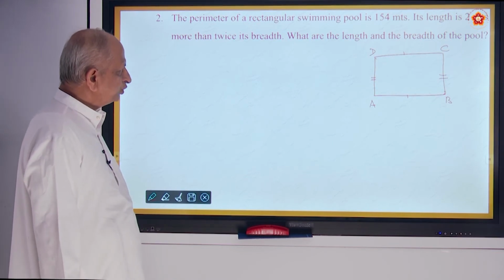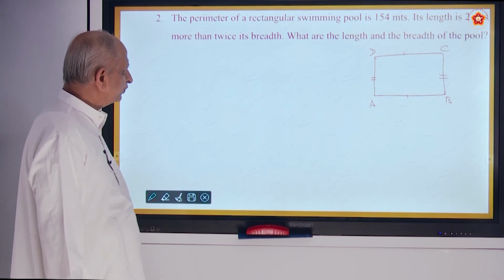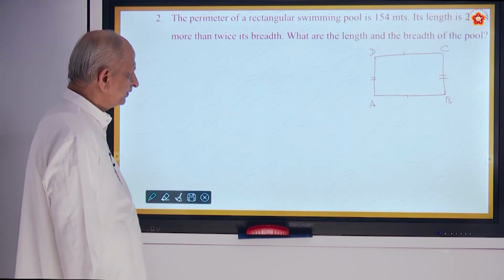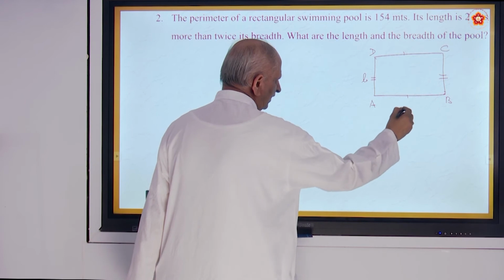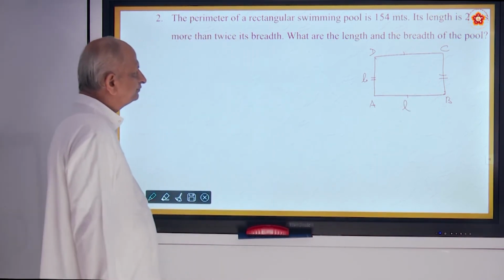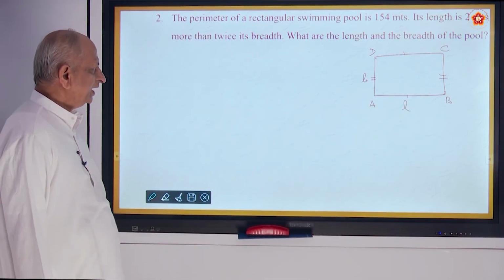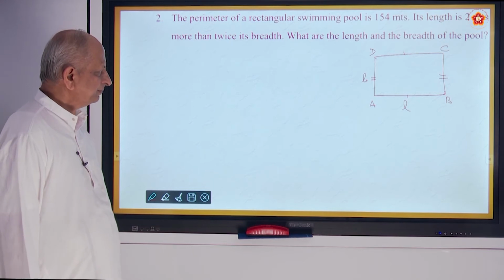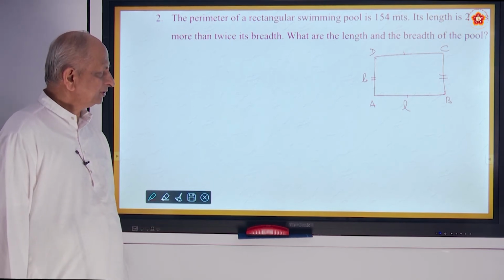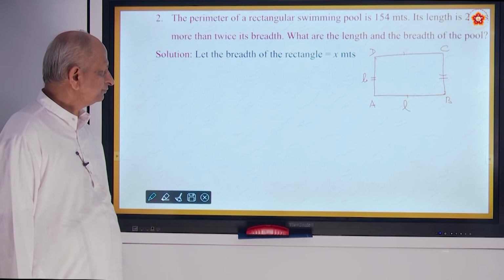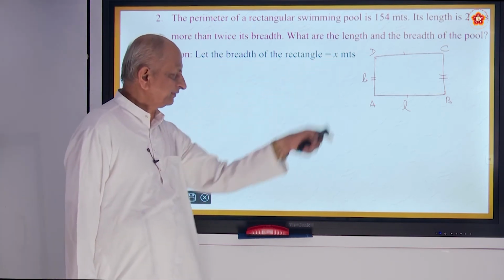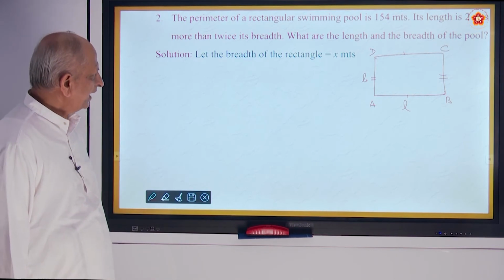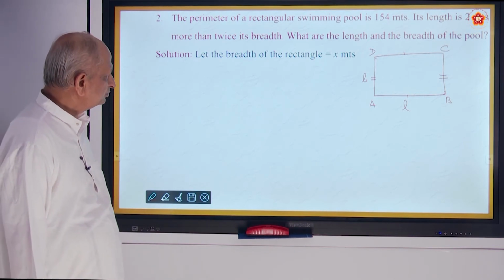If its length is 2 meters more than twice its breadth, suppose you call length as L and breadth as B, they are given some relation between length and breadth, and using that you have to solve. So, let us take the breadth of the rectangle as x meters, and then what happens to the length now?